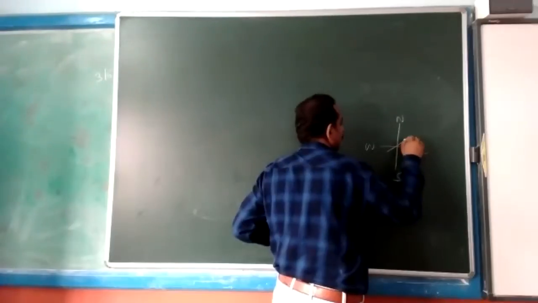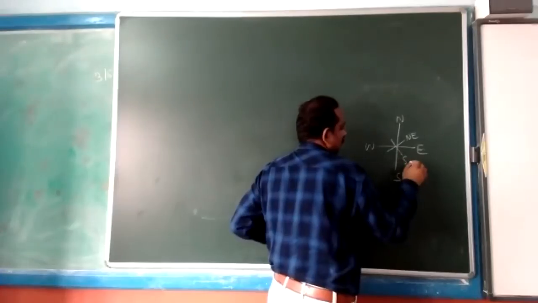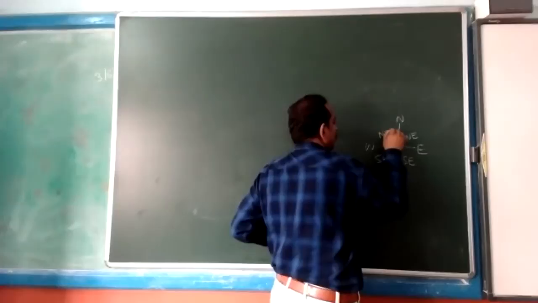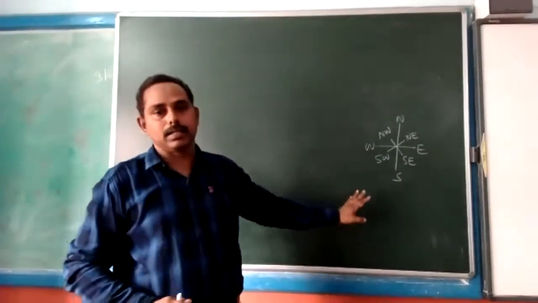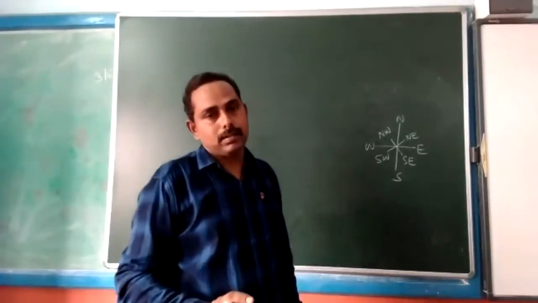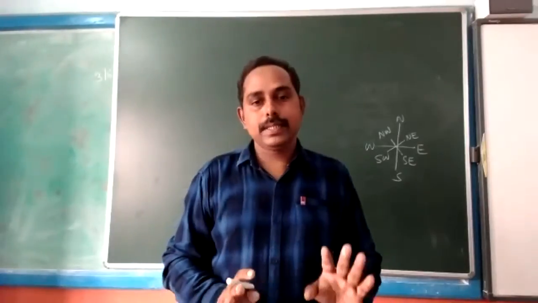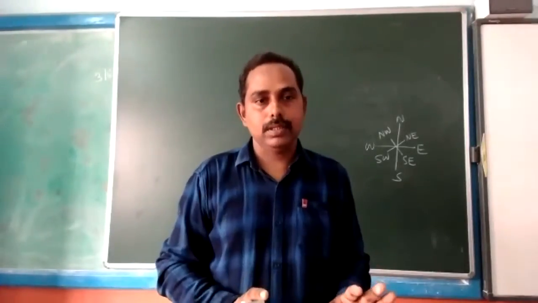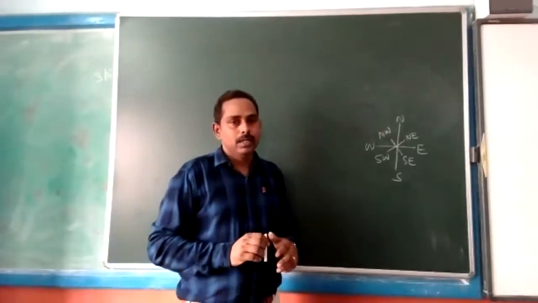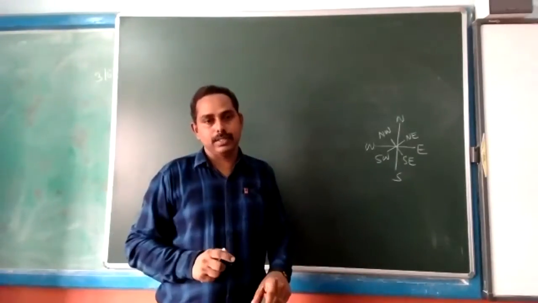With that we also know northeast, southeast, southwest, and northwest. This much is needed for finding the direction of the river, not the bank of the river. Which direction does the river flow? We have to find that out from the topo sheet. So the origin of the river we have to find out.